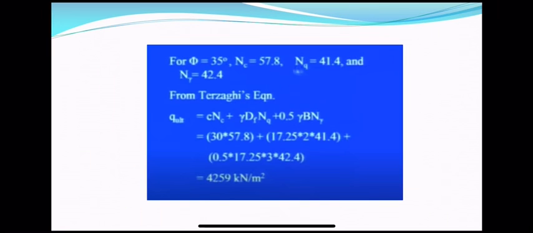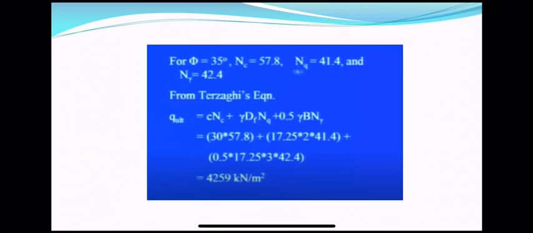Now for phi equal to 35 degrees, the bearing capacity factors can be obtained from the tables. We find NC is equal to 57.8, NQ is equal to 41.4 and N gamma is equal to 42.4.